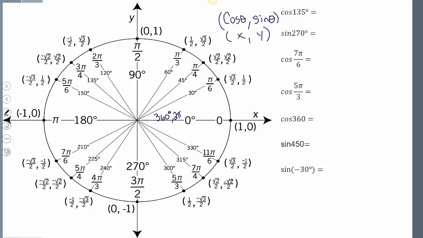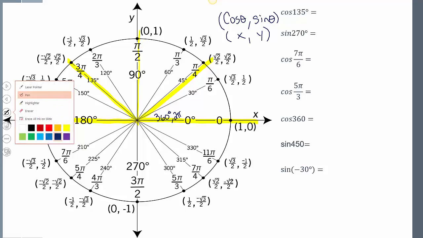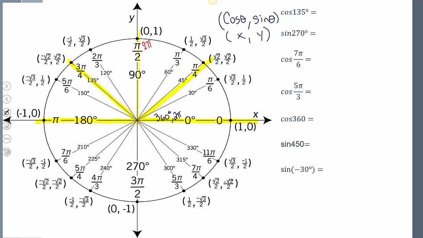The first thing, if we know that this entire thing is pi, well, if I cut this into fourths, I'm going to get pi fourths, 2 pi fourths, 3 pi fourths, etc. So here, this gives me pi fourths. This is 2 pi fourths, which reduces into pi halves. 3 pi fourths, and then here's 4 pi fourths, and so that reduces into pi.